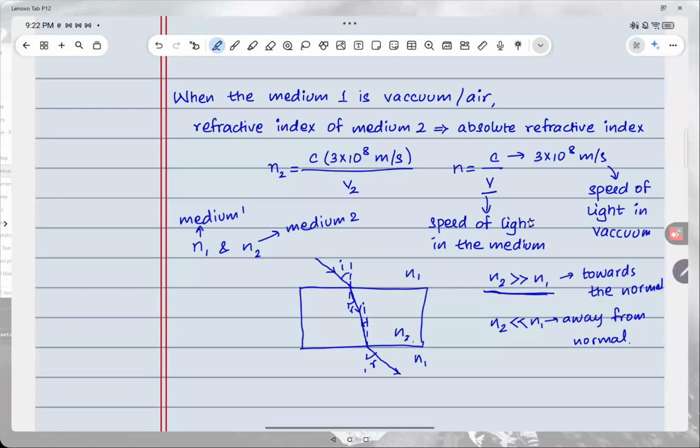Everybody understood this? If it is going into a medium whose refractive index is lesser, then it will bend away from the normal. If it is going into a medium whose refractive index is higher, then it will bend towards the normal. Understood, everyone?